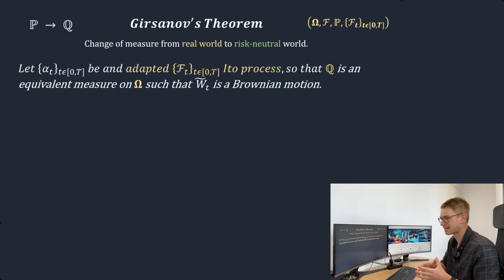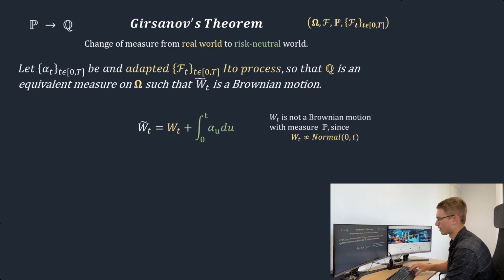So we're going to imagine that we have this process alpha, an adapted Ito process, so that the Q measure is an equivalent measure on the outcome space, such that we have this new Brownian motion that is a martingale process.